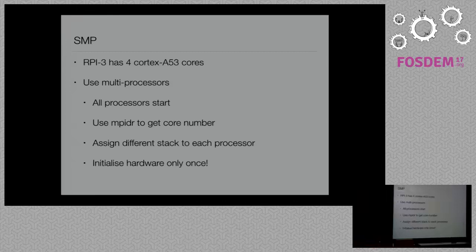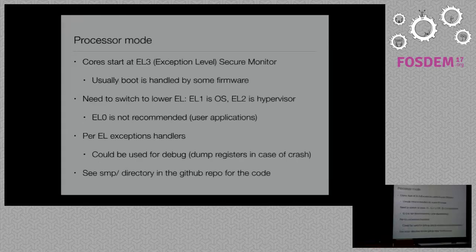If you want to go even further, you will have to know that cores start at the highest protection level, EL3, and you can switch to a lower level, from exception level to hypervisor level, and then from hypervisor level to kernel level, and if you want, you can also go to user level.